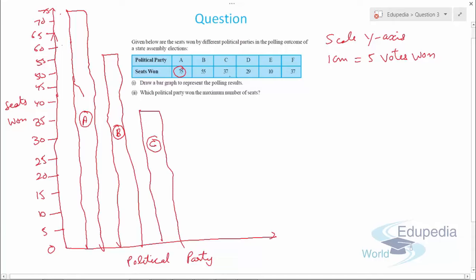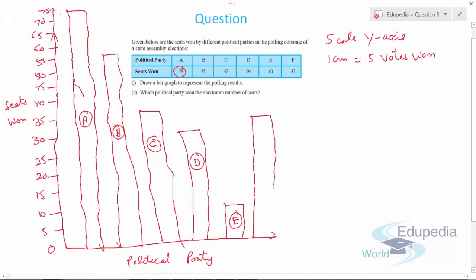Then we have 29 as D, so we can write over here, this is D, right? Then we have E as 10, so this will be E, which is 10, right? Then we have F as 37, so this will be the F part.